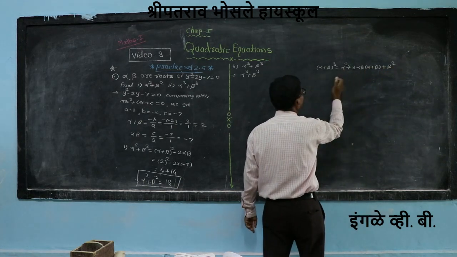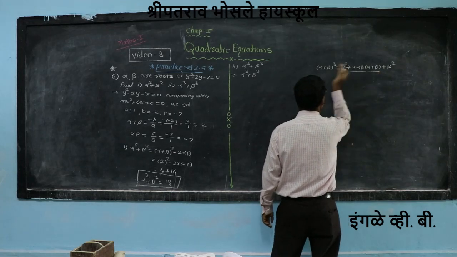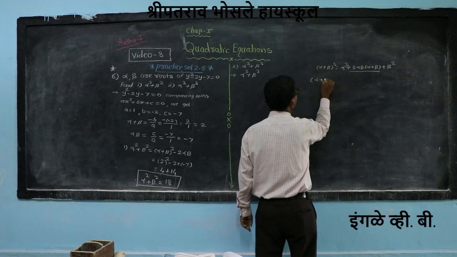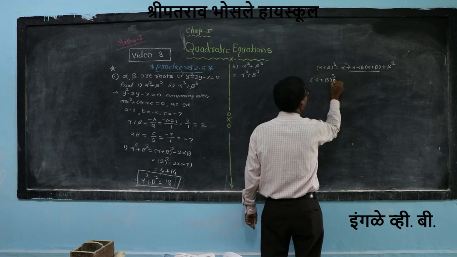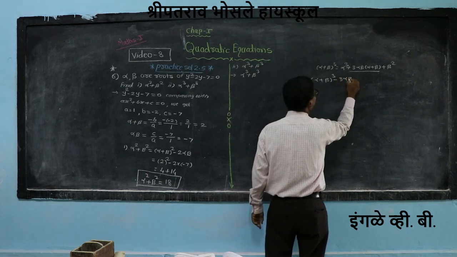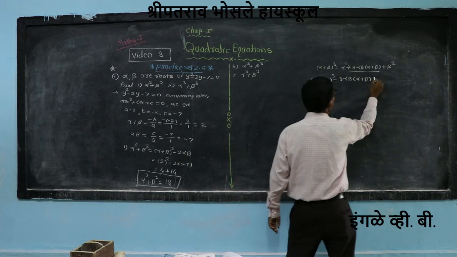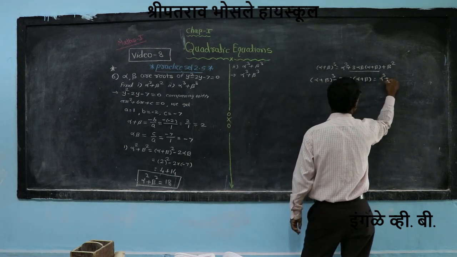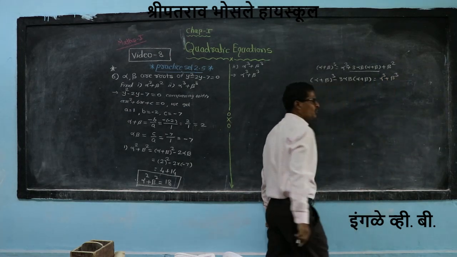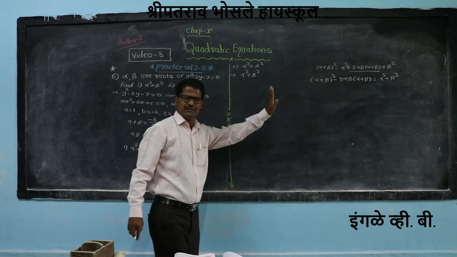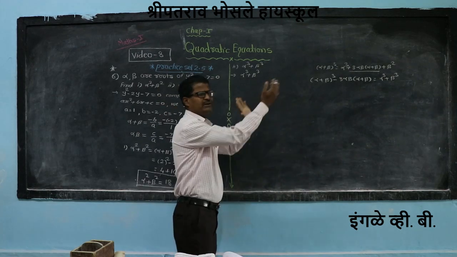We have to convert this. Take this term to the left hand side: alpha plus beta cube minus 3 alpha beta in bracket alpha plus beta is equal to alpha cube plus beta cube. We know this from 9th class. We have to interchange the terms.